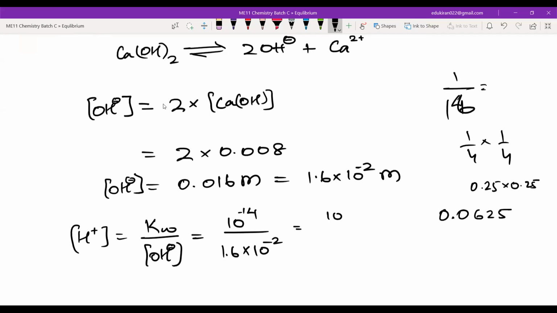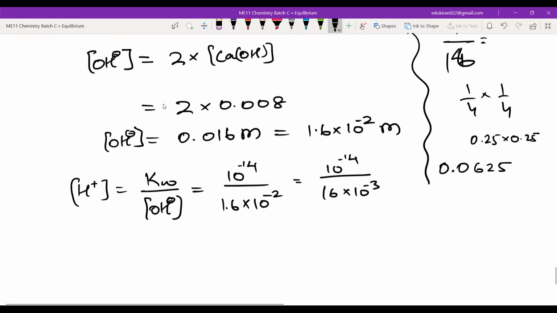So this will be equal to 10 to the power of minus 14 divided by 16 into 10 to the power of minus 3. Please check this, okay? I've written this as 1 upon 16 into 10 to the power of minus 3, and it will go above and become plus, and 10 to the power minus 14.